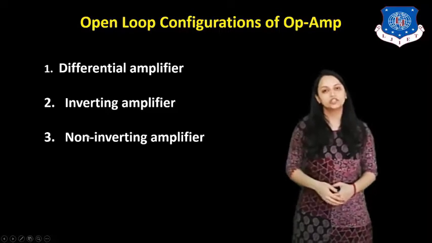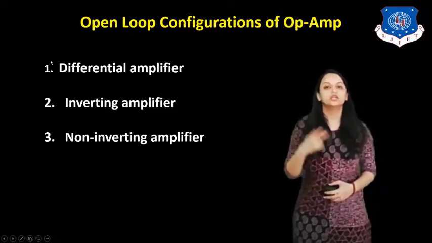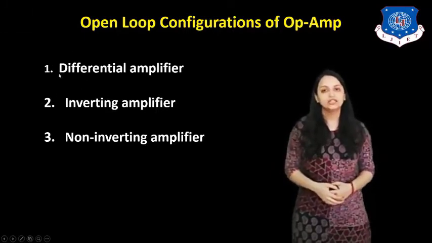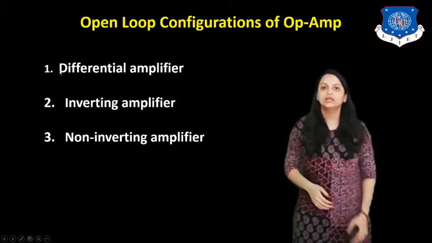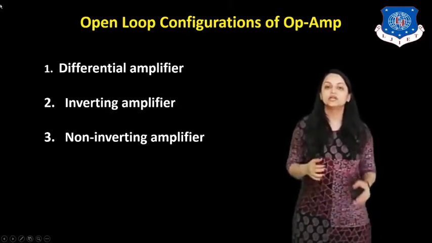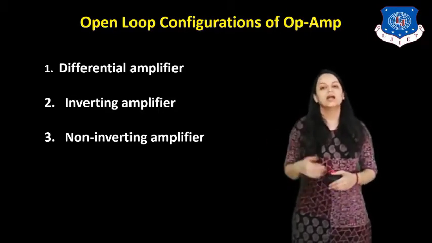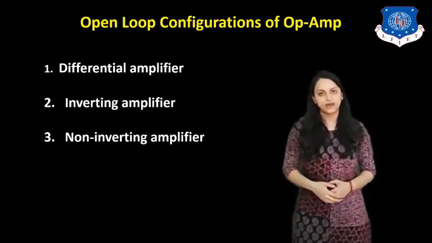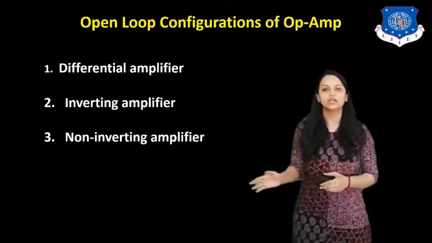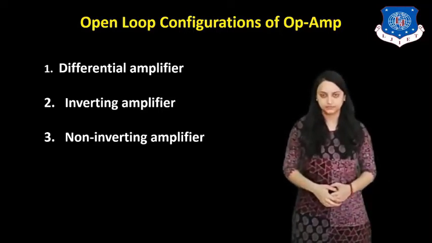First one, differential amplifier, as the name suggests, we are going to give two inputs to two different terminals of the op-amp and we will get the difference at the output. Then the next is inverting amplifier, that means the input is given to the inverting terminal of the op-amp. And the last one is non-inverting amplifier, that means the input is given to the positive or non-inverting terminal of the op-amp and the output is obtained from it.